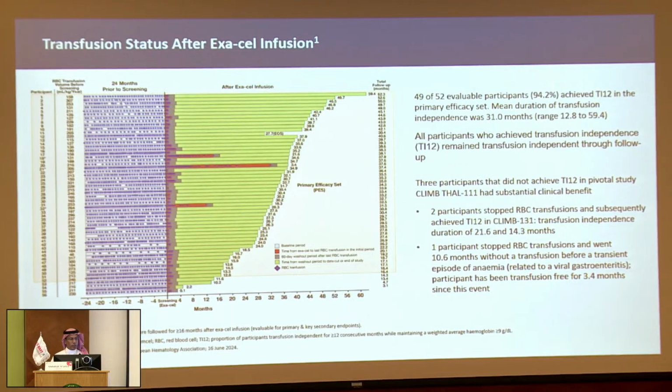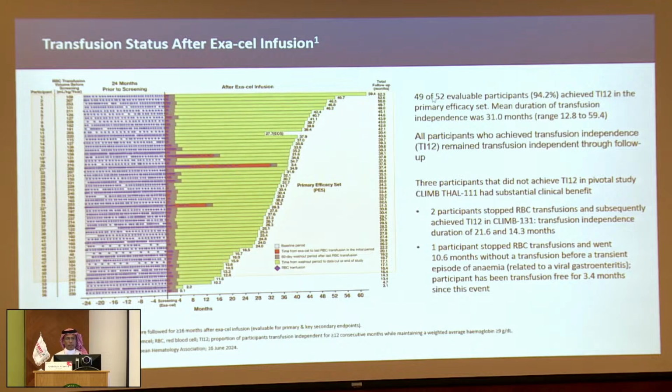And as you can see here, patients before the infusion and after the infusion. Almost all of them, except these two patients extended from the previous study, started to achieve transfusion independence.